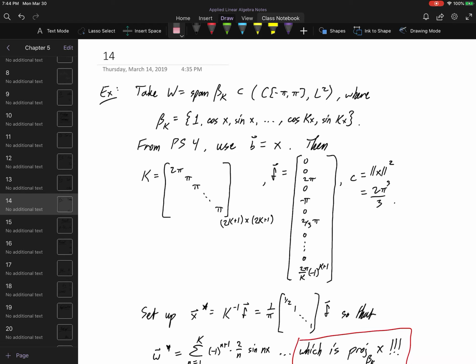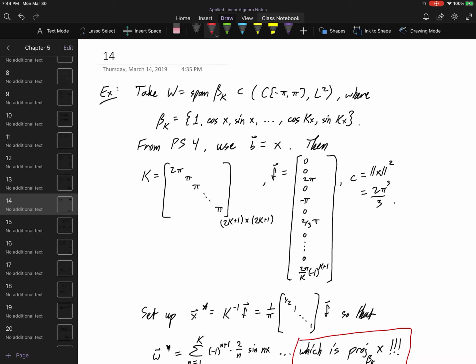Okay, so k here is an integer greater than 0, so a positive integer. But what we're doing is we are projecting this b vector onto this subspace that's spanned by these different cosine and sine functions of increasing frequencies specifically.